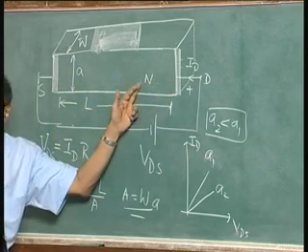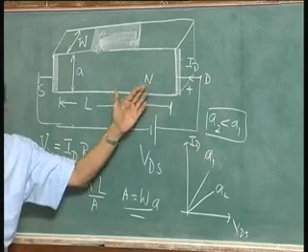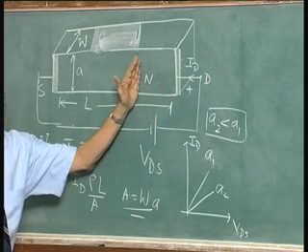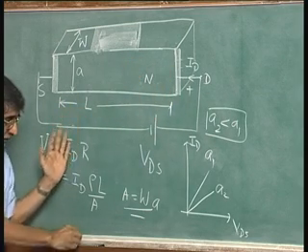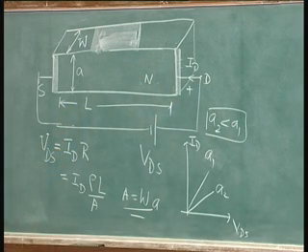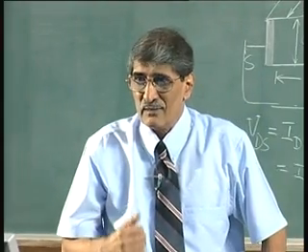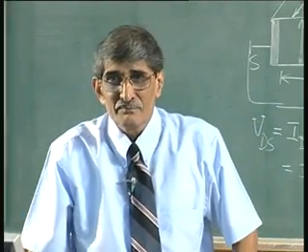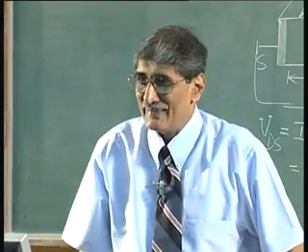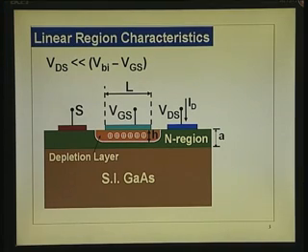You can have an n plus region from here to here, then it is as if shifting this contact to this portion. This is Shockley's analysis. Shockley first gave it in 1950, way back, where the contact is, you neglect the drop here.